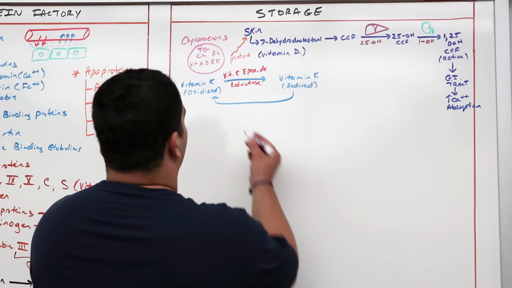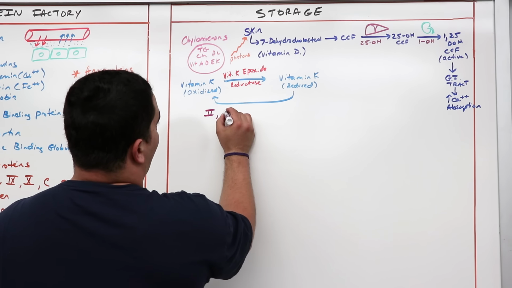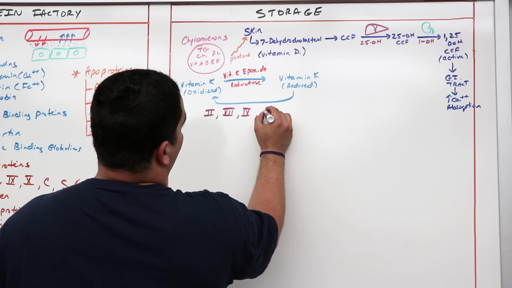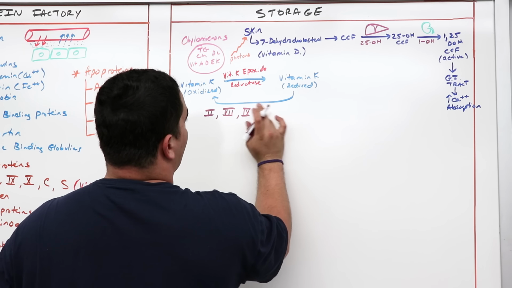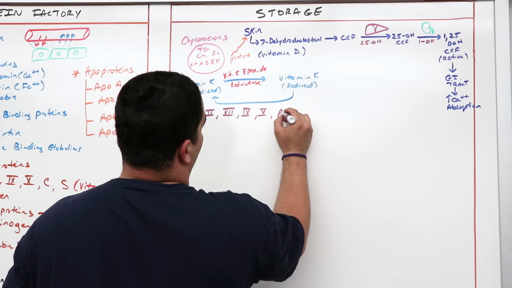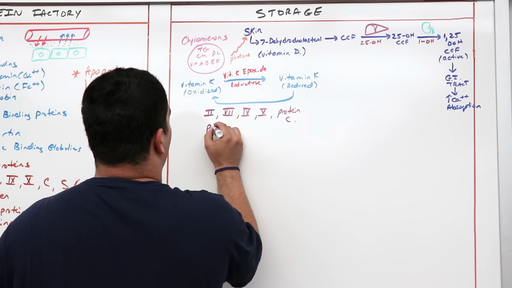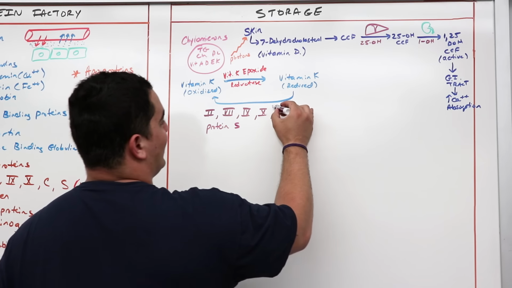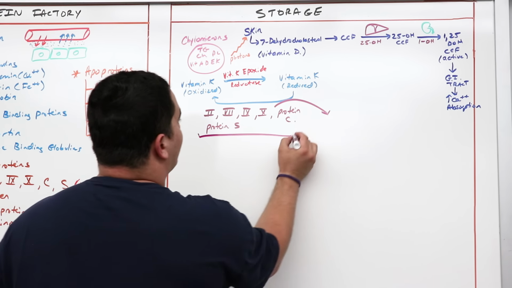Because guess what happens? There are proteins: factor 2, factor 7, factor 9, factor 10, protein C and protein S, and if you really want, there's another one called protein Z. All of these are in an inactive form.